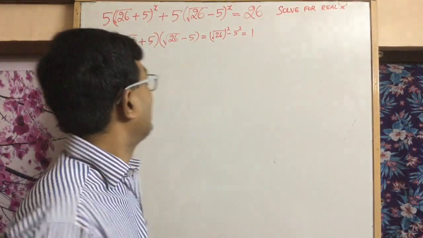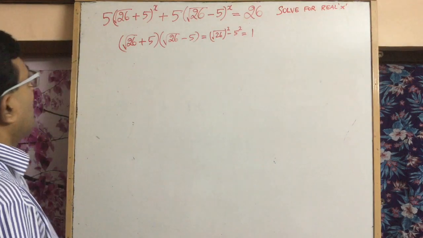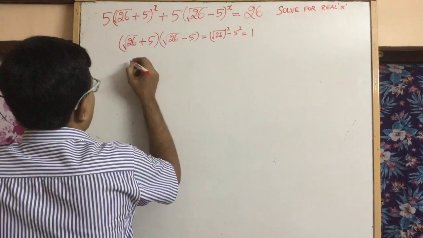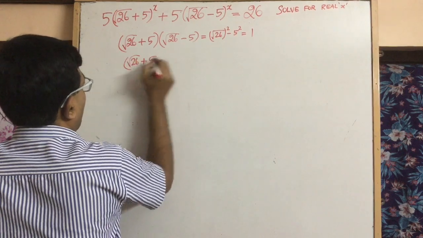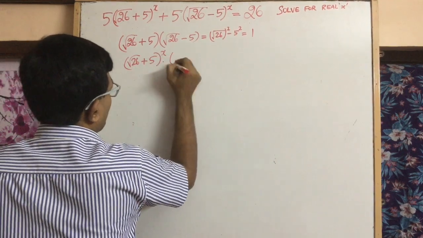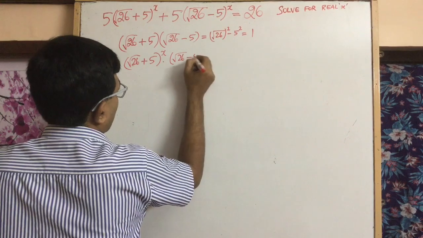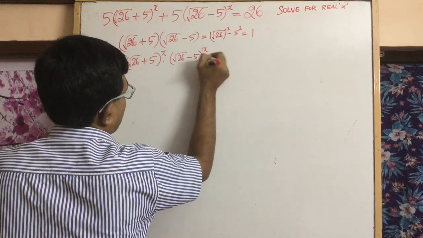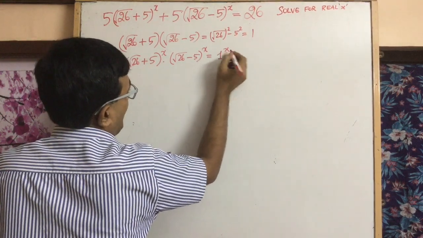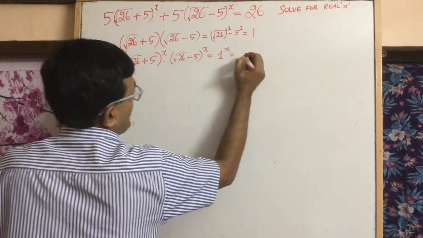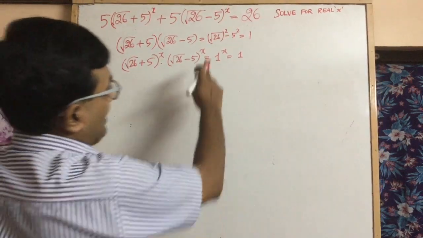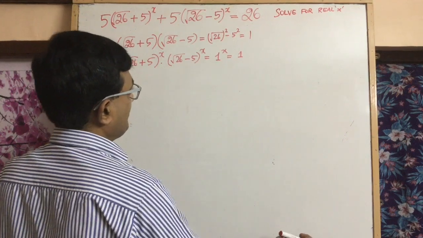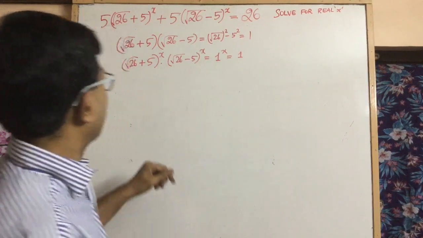So we could say that (root 26 plus 5) the whole power x into (root 26 minus 5) the whole power x is equal to 1 power x, which would simply be 1, right? For any real number x, 1 power x is going to be 1.